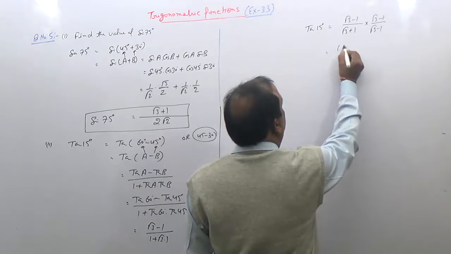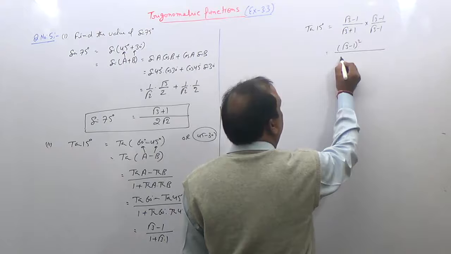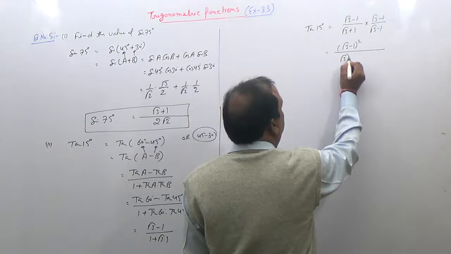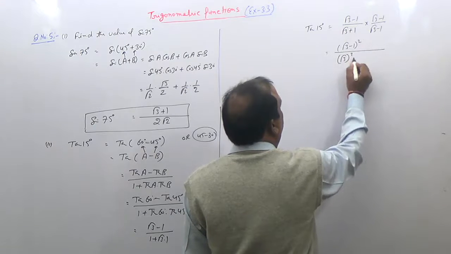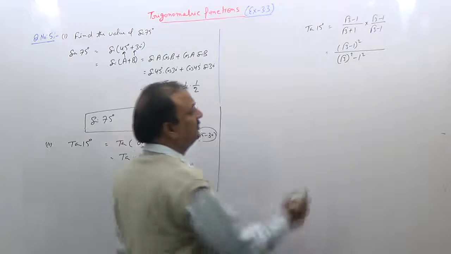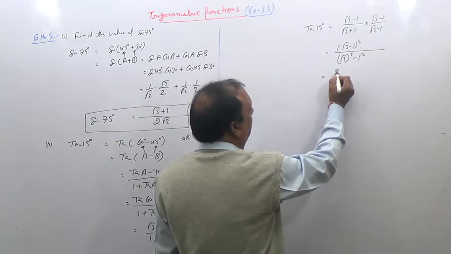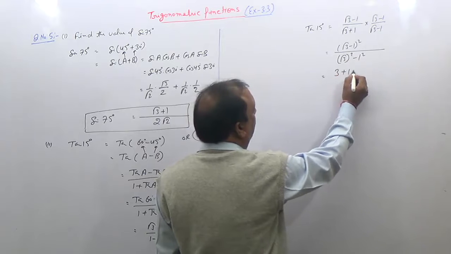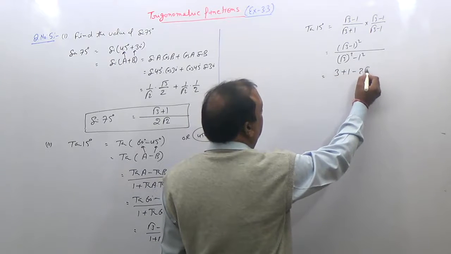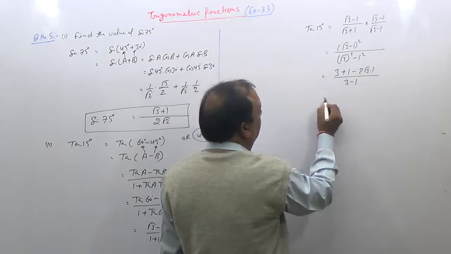That is (√3 − 1) square, and in the denominator (A plus B)(A minus B) is A square minus B square. Applying (A minus B) whole square: √3 square plus 1 square minus 2 into √3 into 1, over 3 minus 1.